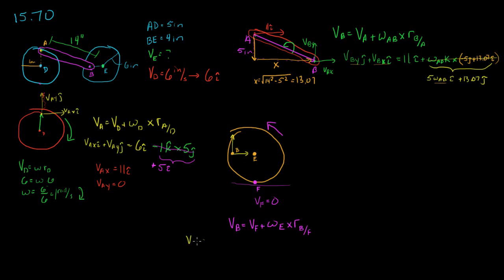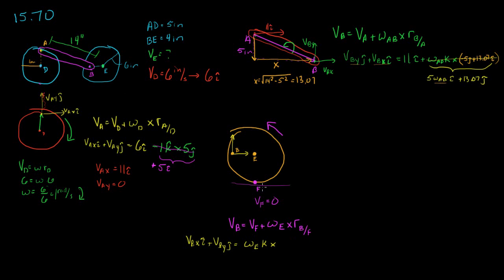So a velocity of B x i plus a velocity of B y j is equal to a velocity of F, we set it 0, plus this angular velocity omega E k cross this position of B with respect to F.